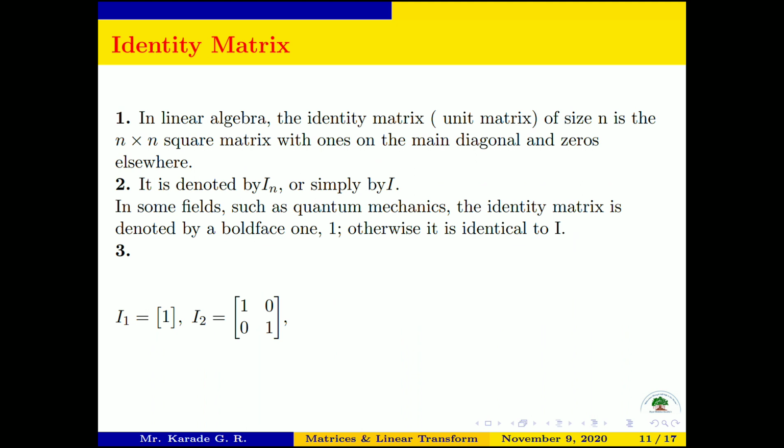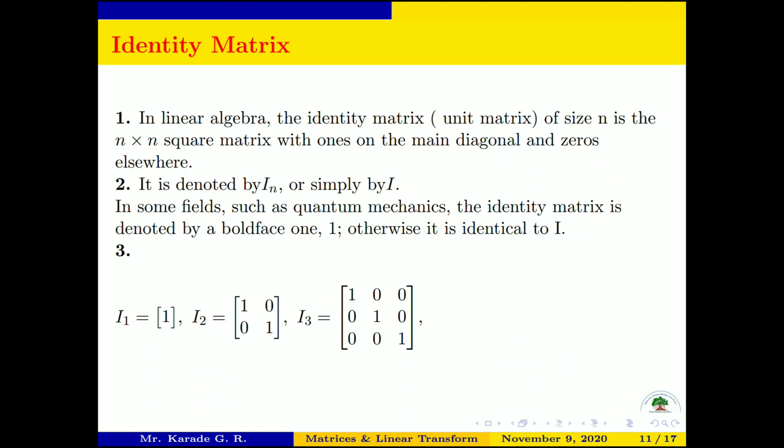Here at the diagonal we are putting 1, and at the off diagonal the entries are 0. Consider the next example. I3 means identity matrix of order 3. This matrix has order 3 by 3.